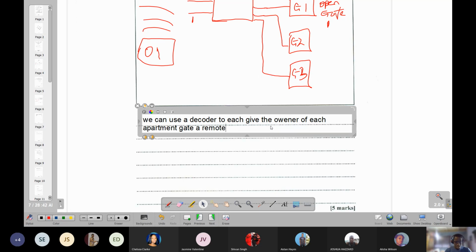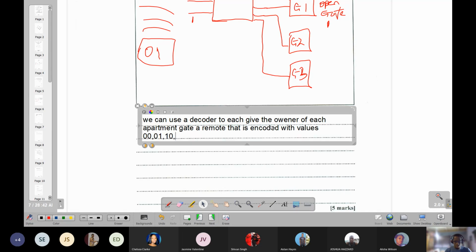Or let's say a remote that is encoded with values 00, 01, 10, or 11, right?